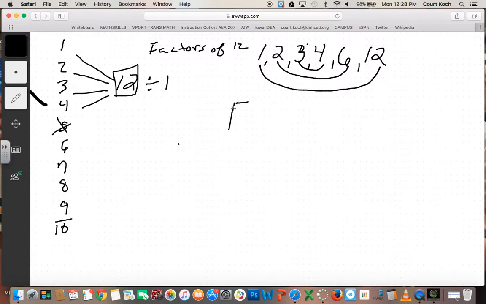This is called a factor rainbow, and it helps us show that through multiplication, these are the only numbers that I can multiply together to get 12: 1 and 12, 2 and 6, 3 and 4. They're called factors.